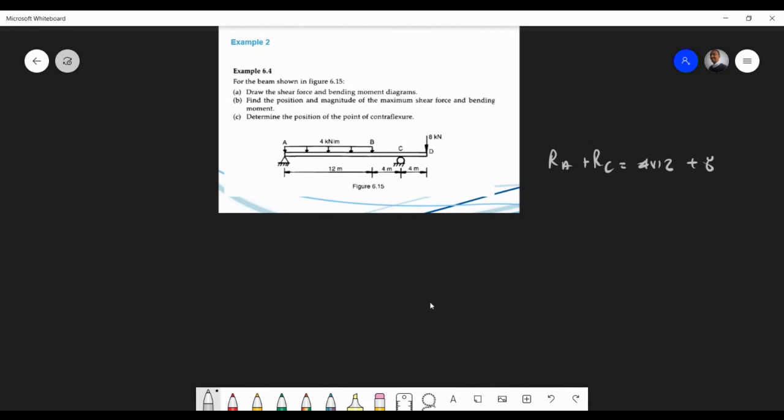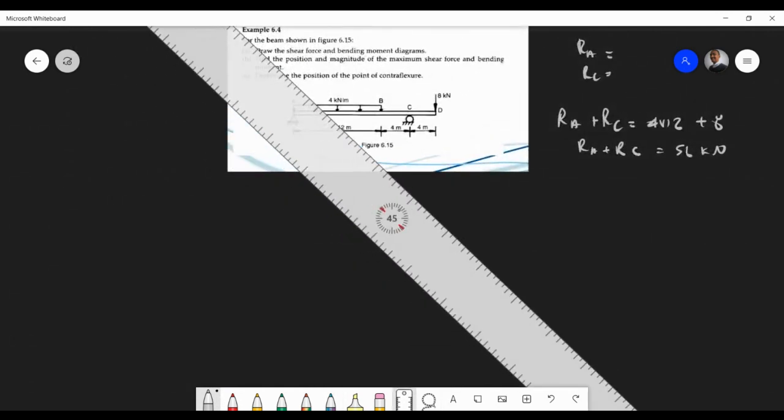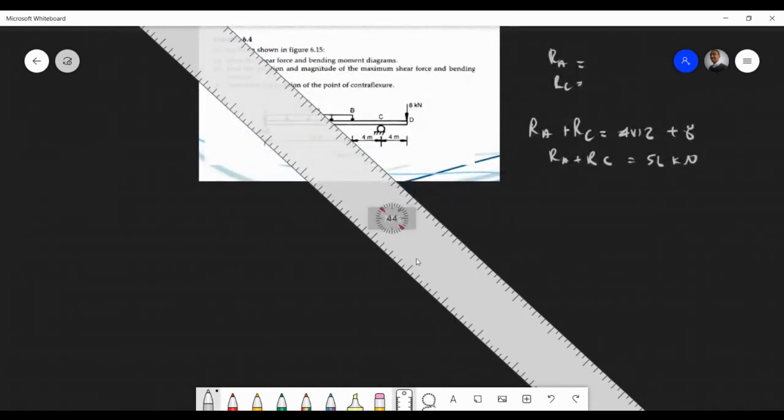Where is this now? So this is 56 kilonewtons, right? Okay, so can I please get my RA and RC values? I'm just leaving it up to you for now.